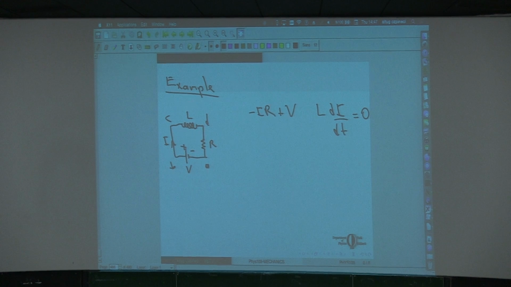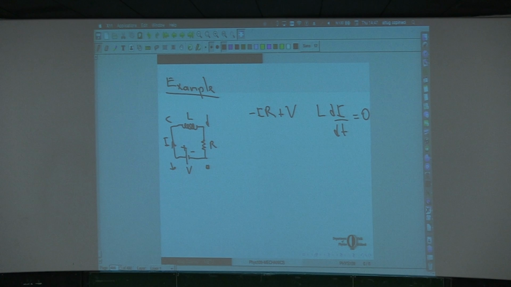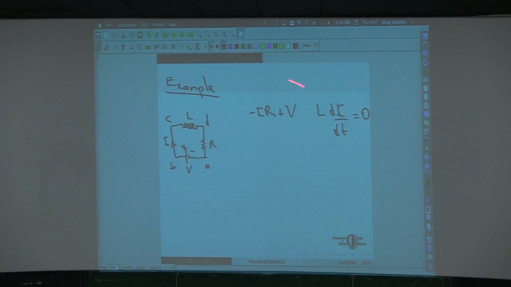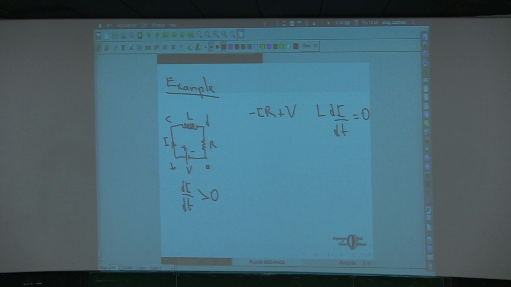Now the inductor will always try to resist changes. So it will try to resist an increase in the current. So it will try to run a current if di by dt is positive. Now this inductor will try to run a current in the counterclockwise sense.